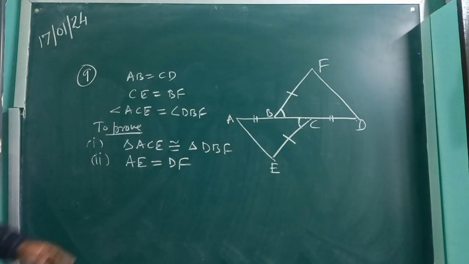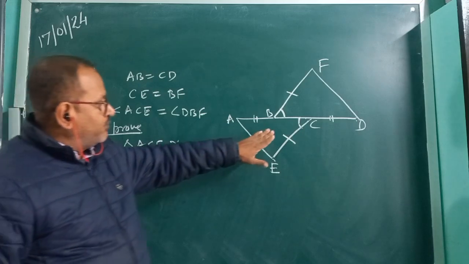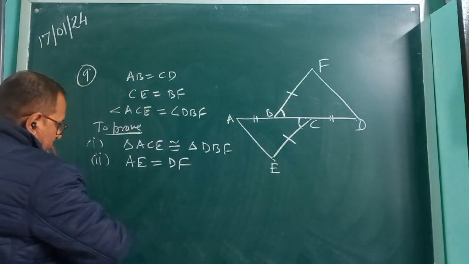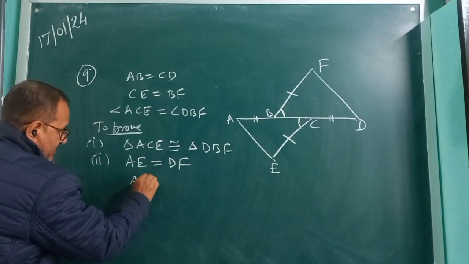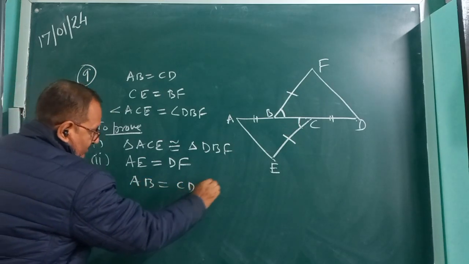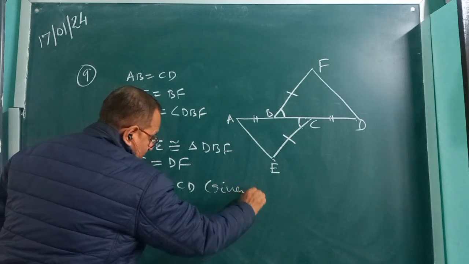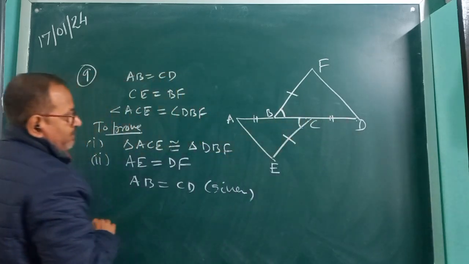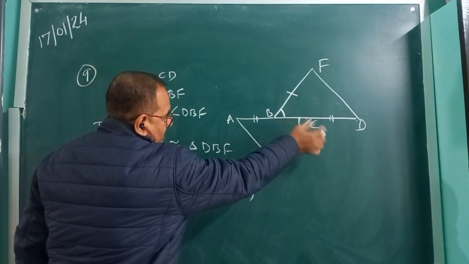So see how we will prove these two triangles are congruent. Firstly, write AB is equal to CD. It is given. AB and CD, these two parts are given equal. Now add BC on both the sides.